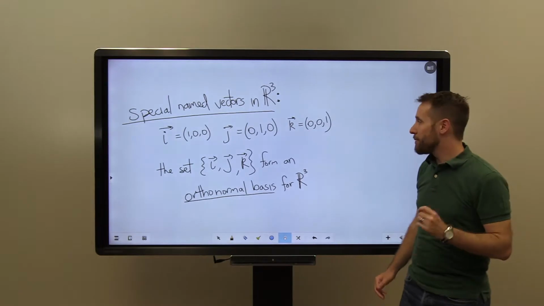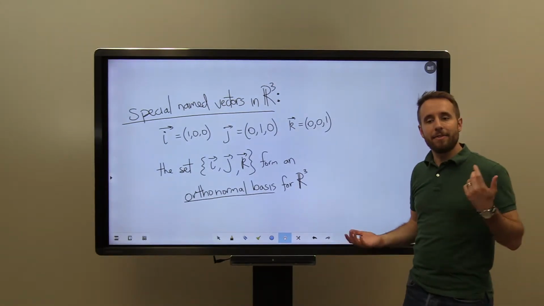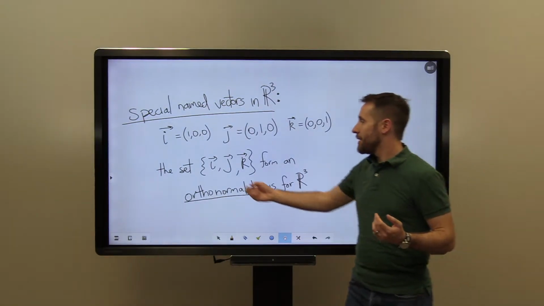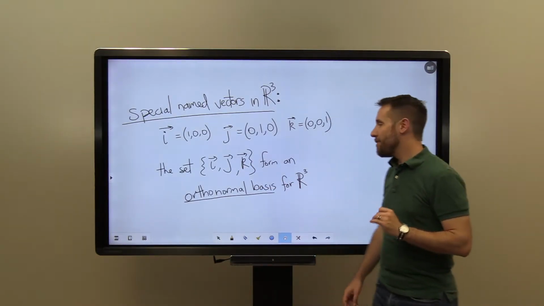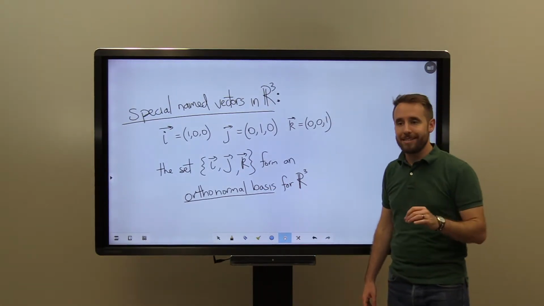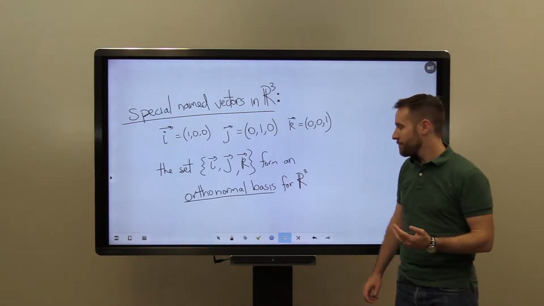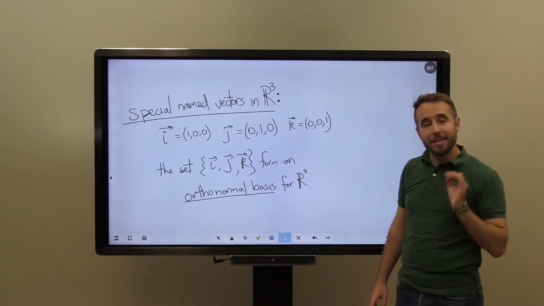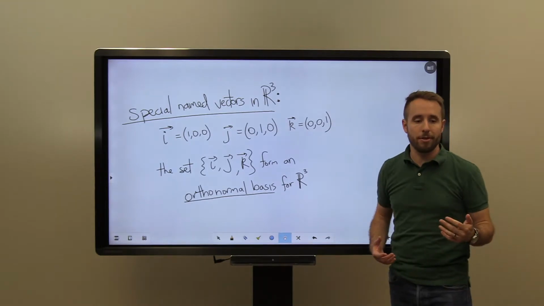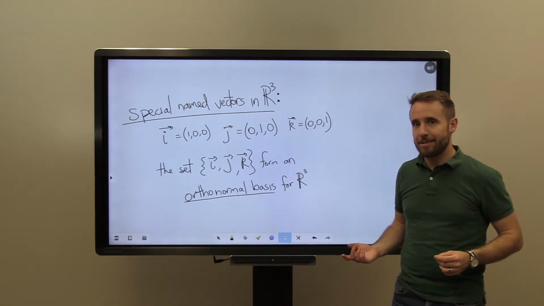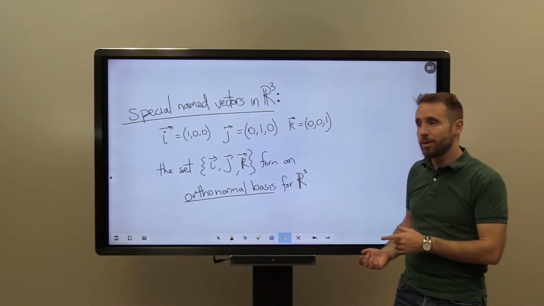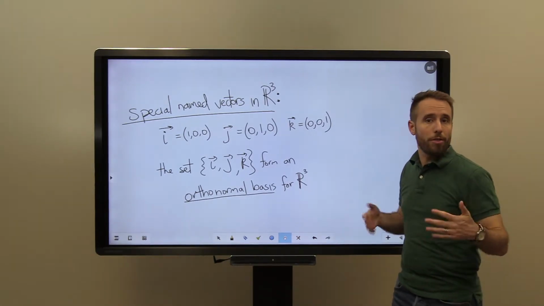And in particular, the set of these three taken together, right, so i, j, and k taken together, form what is called an orthonormal basis for R3. Now, what do I mean by this? This is language that will appear in linear algebra, but orthonormal basis, right? Unpacking each of the parts of this word, ortho meaning orthogonal.